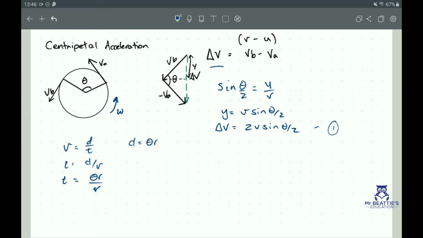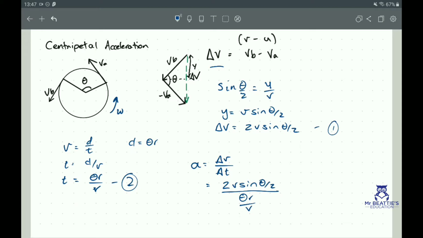What we're then going to look at is how this relates to acceleration. Acceleration is equal to the change in velocity over the change in time. So if we substitute equation 1 and, sorry, I forgot to label this as equation 2, if we substitute those both in, we get that acceleration is equal to 2v sine theta over 2 divided by theta r over v.